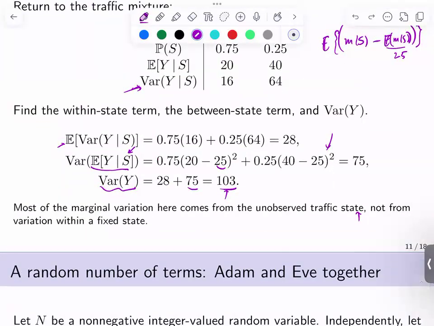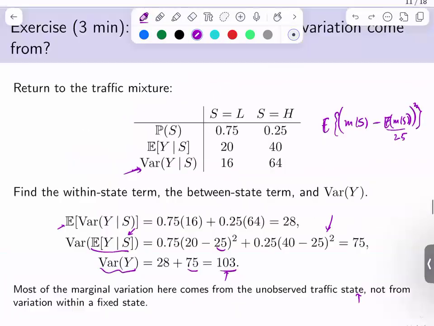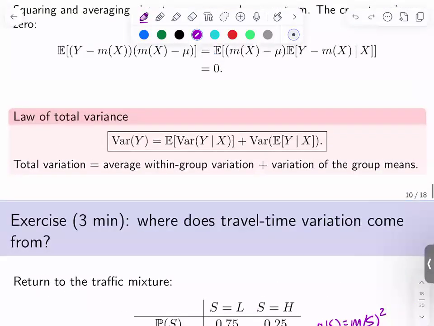Okay, there's a lot of interpretation you can make out of this, which in the interest of time I'm skipping, but you get the rough idea. These two terms have meanings, right? One is how far within each, sometimes you can call it a strata of data. So we are stratifying the data, and then within each strata or group, you have variation that would be this part.